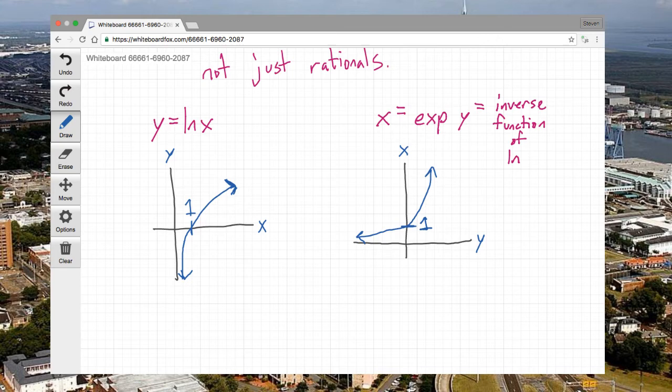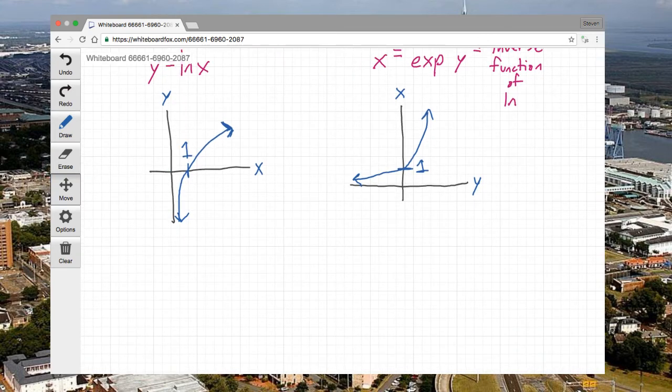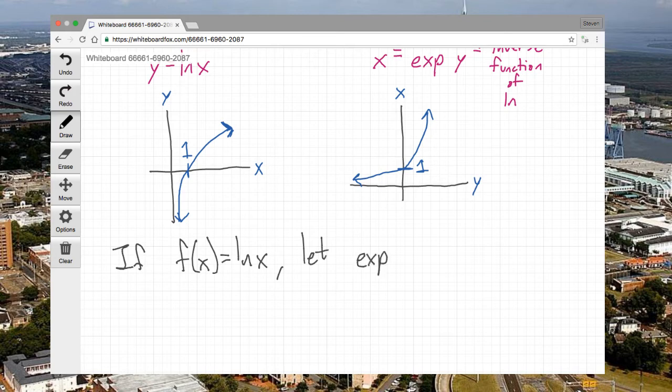So let me write this in words. Basically what we're saying is, if f of x is equal to the natural log of x, let the exponential function exp of x be f inverse of x.